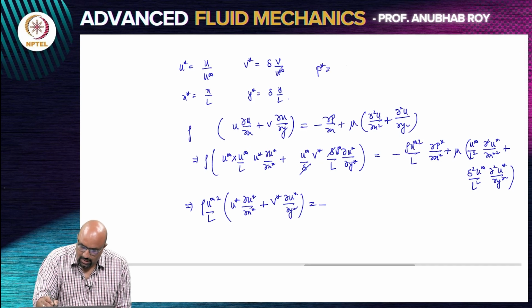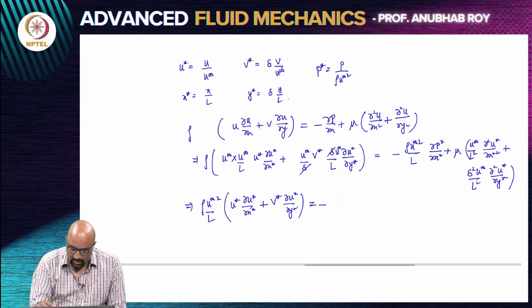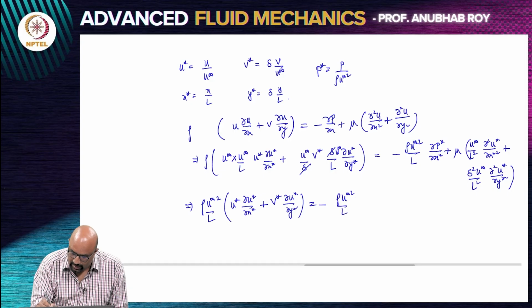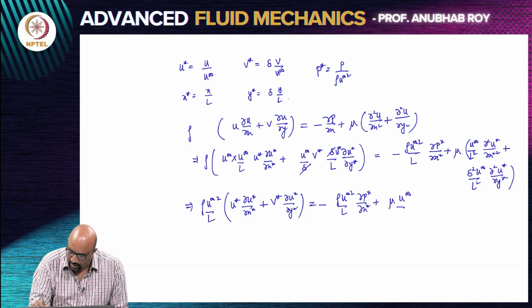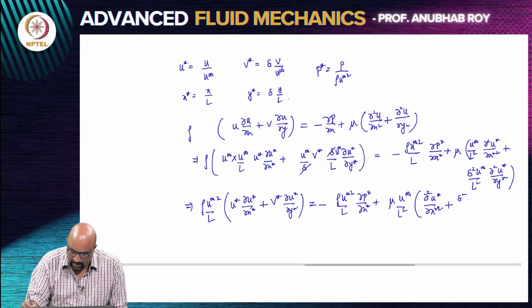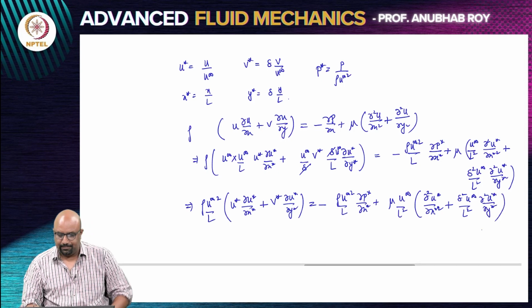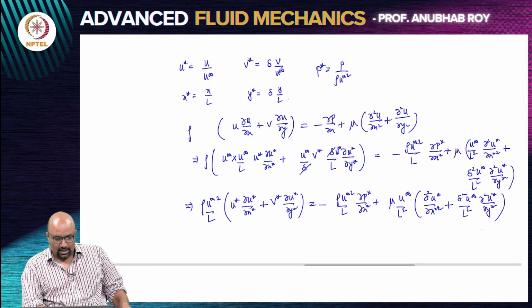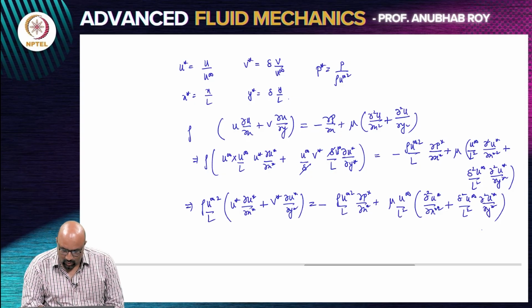P star is P by rho u infinity square. So here you have rho u infinity square by L dou p star dou x star, mu u infinity by L square dou square u star dou x star square plus delta square u infinity L square dou square u star dou y star square. So these are what you obtain here as your governing equations.